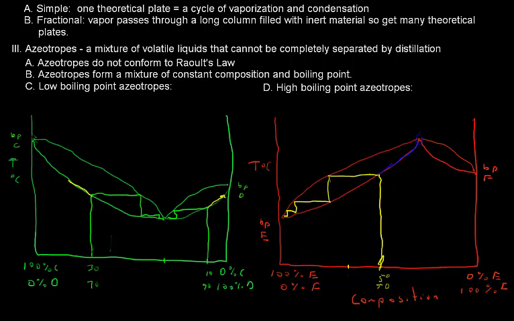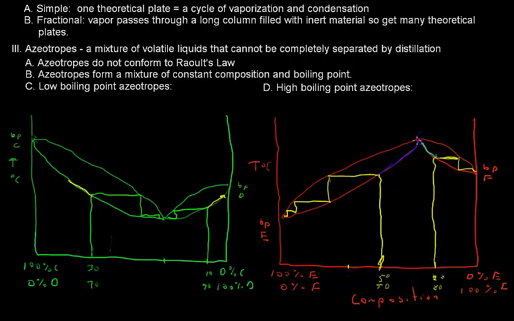Similarly, if we were to have started at a composition over here, where that'd be 20% E and 80% F, once again, going in the direction of enrichment in the lower boiling point fraction, one or two theoretical plates takes us to pure F. So the vapor coming off at this point is pure F. But as that vapor comes off, again, the liquid is becoming enriched in component E here, which brings us up to the azeotropic composition again.